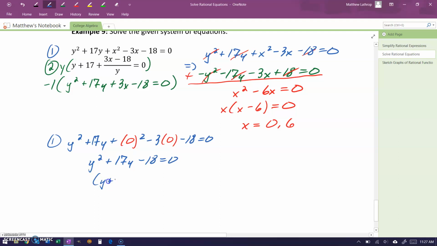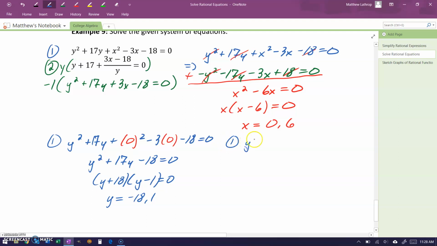Factoring would give us y plus 18 times y minus 1 is equal to 0, meaning we would get solutions of negative 18 and positive 1. That will give us two coordinate pairs of solutions.